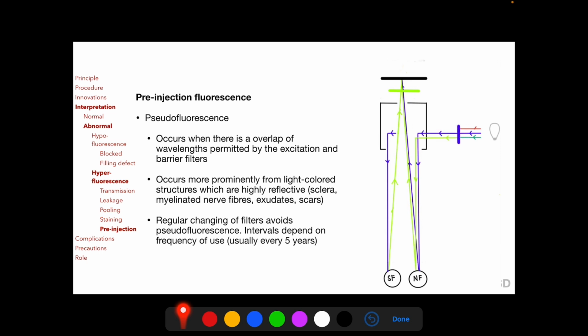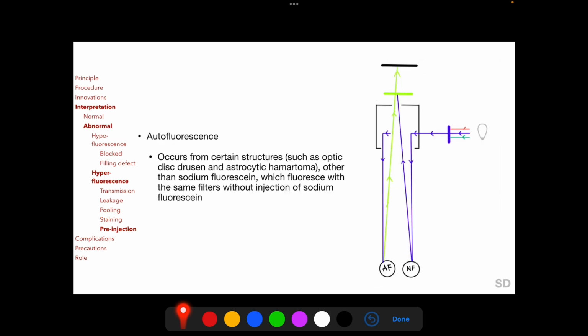And pseudofluorescence occurs more prominently from light colored structures which are highly reflective, such as sclera, myelinated nerve fibers, exudates, and scars. Regular changing of filters avoids pseudofluorescence, and the interval of change depends on frequency of use, usually every 5 years.